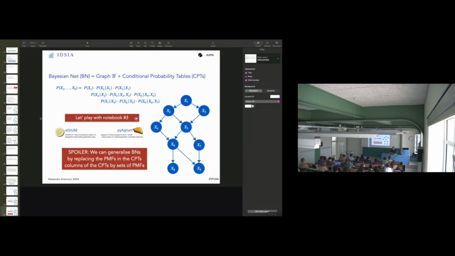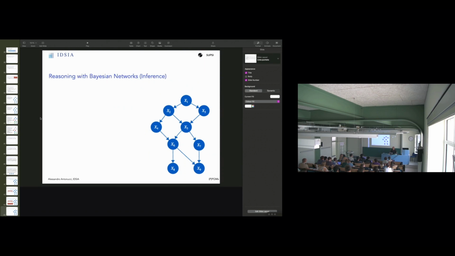Credal networks are exactly the same with a small asterisk, and the asterisk is telling you that instead of probability mass functions, we have imprecise models, so sets of probability mass functions. That's why I'm spending so much time on Bayesian networks, but I think it makes sense.